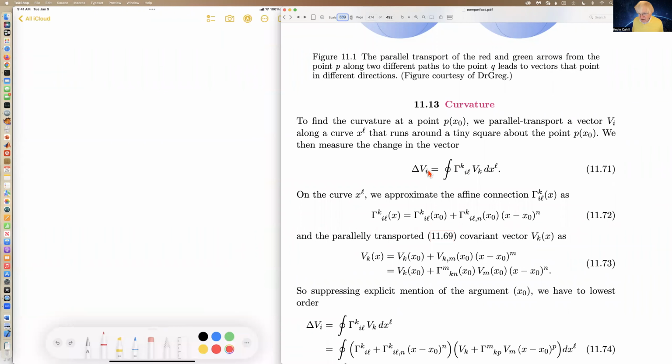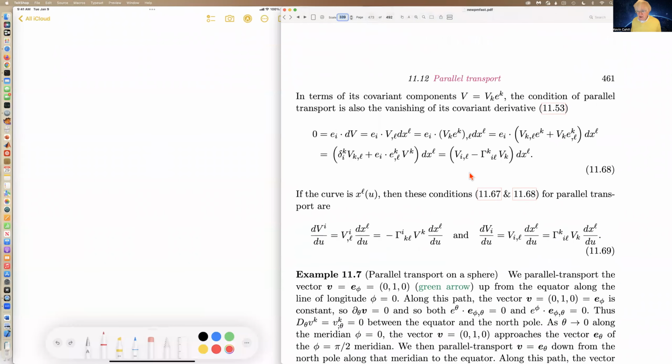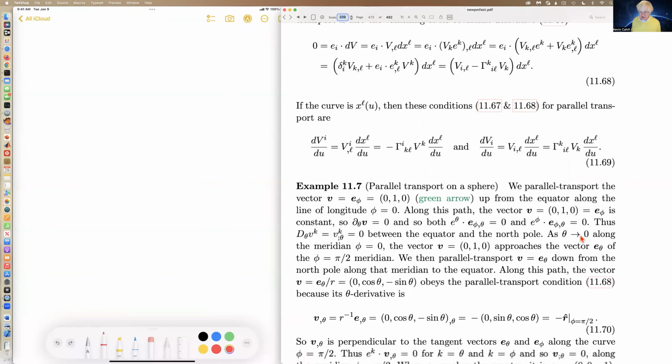Anyway, if we're parallel transporting a covariant vector V_i around a loop dx^l, then if it is to be parallel transported, the change in the vector is going to be given by this. This is because I'm using this formula here, that the change in the vector is the Christoffel symbol dotted into the vector like that.